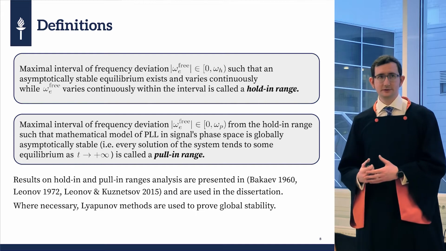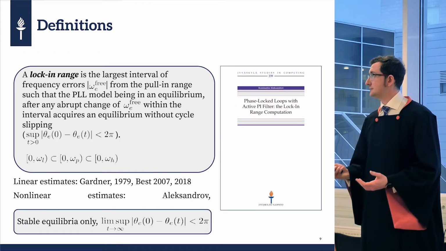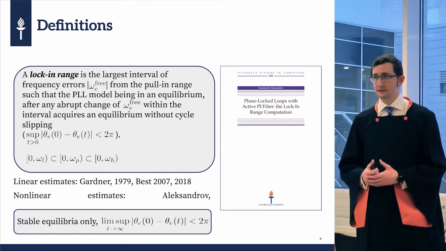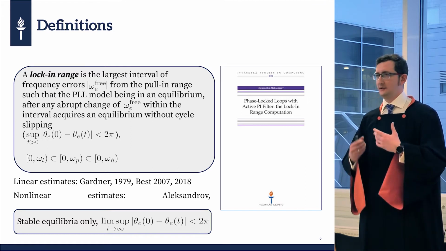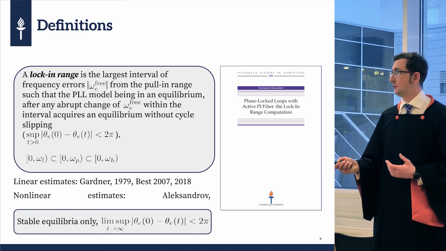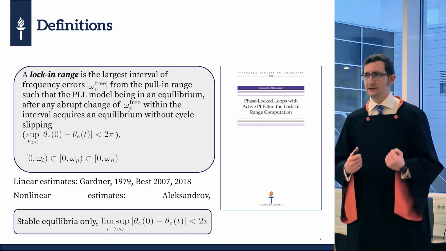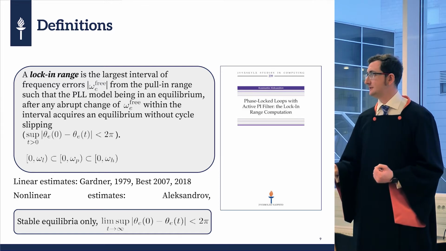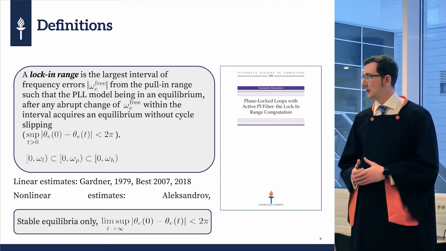Pull-in range corresponds to synchronization from any initial point, and the lock-in range, the most interesting, is fast synchronization in one beat without cycle slipping. We will use this inequality to define cycle slipping: the trajectory of the system must stay in a stripe of width 2π.